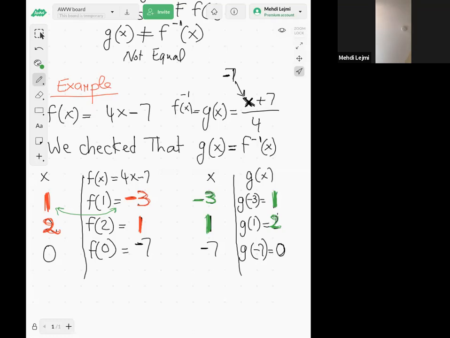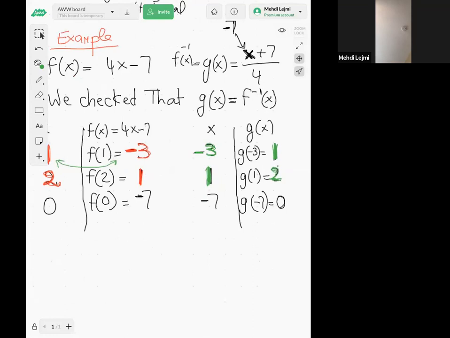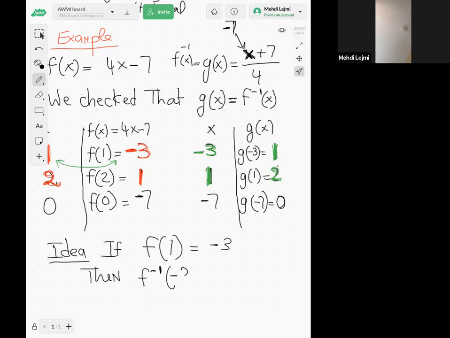But the idea here is the following. If f of 1 is negative 3, then f inverse of negative 3 is positive 1. F inverse is supposed to be g.